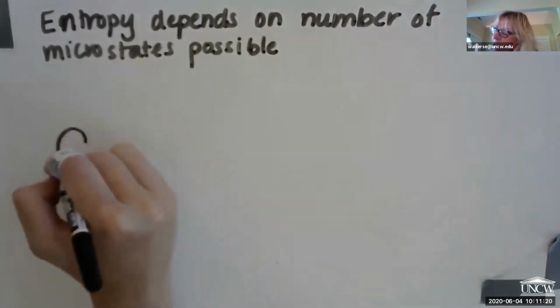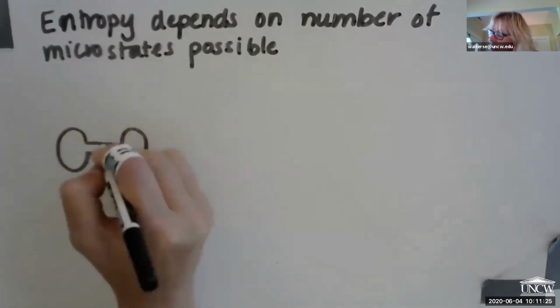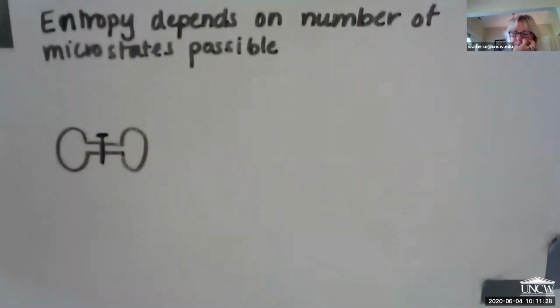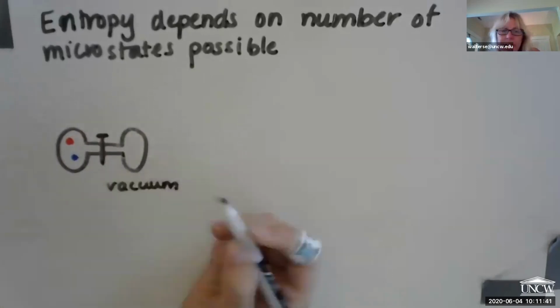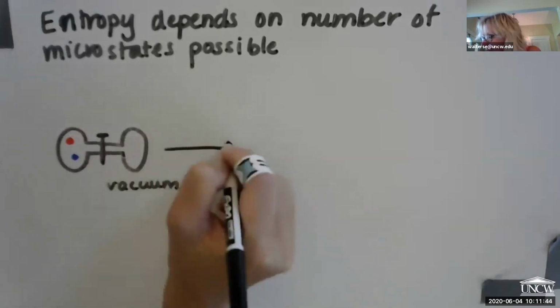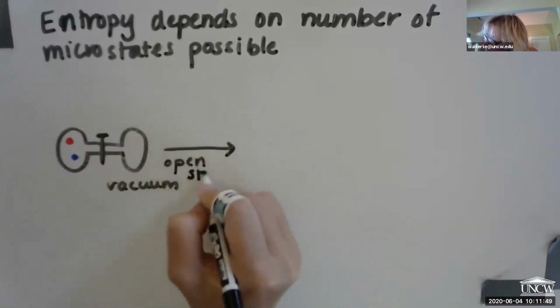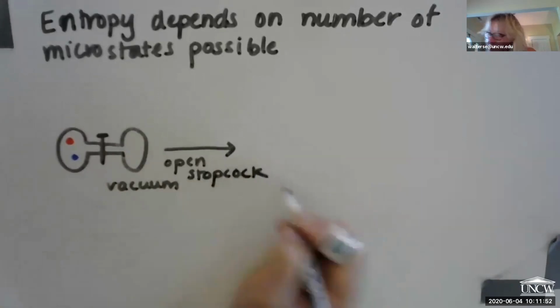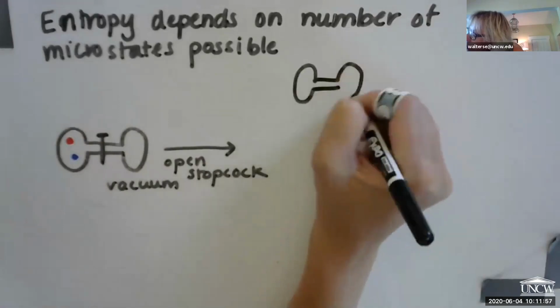So if we consider that we have like a piece of instrumentation that looks like a dumbbell, and we have a stopcock in the middle. And in the left, we have a red atom and a blue atom. And on the right, we have a vacuum. So there's nothing in there. When we open the stopcock, we're going to have 4 different microstates possible.